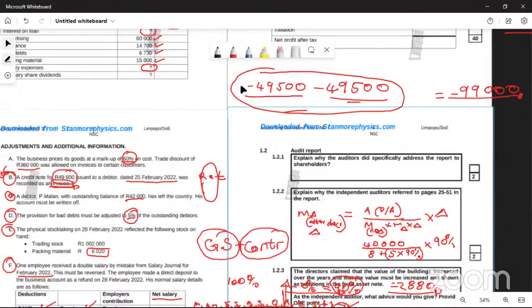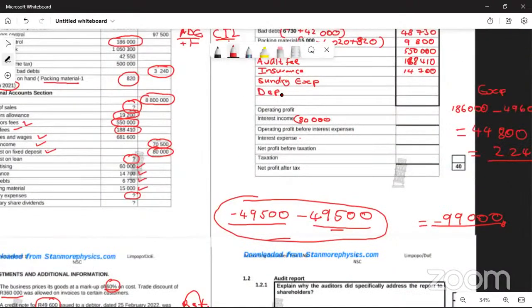So it's what? 4,500. Okay, so we are going to add it there. It's 4,500. So it's depreciation number 3. Remember, from the back.